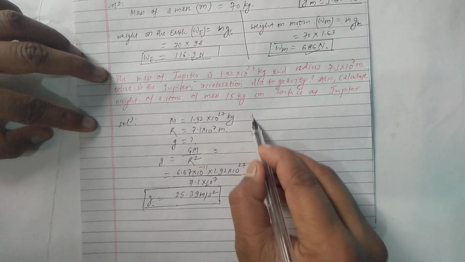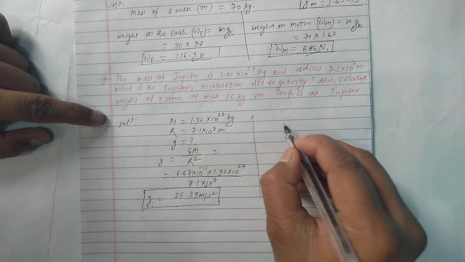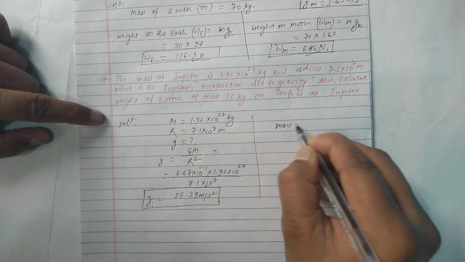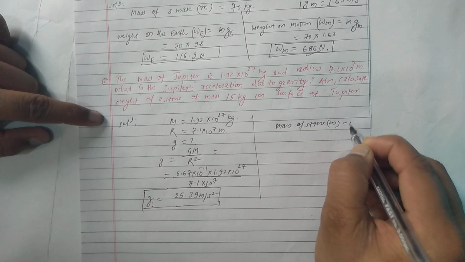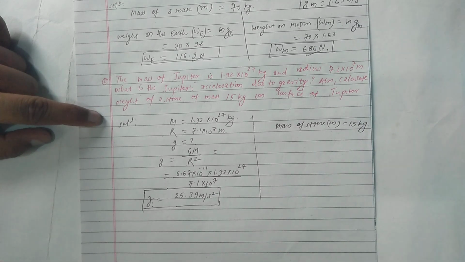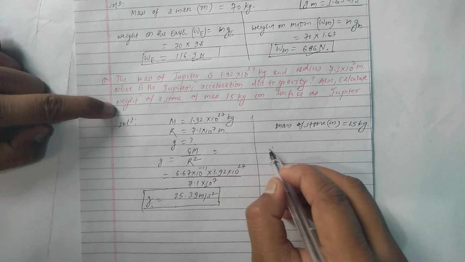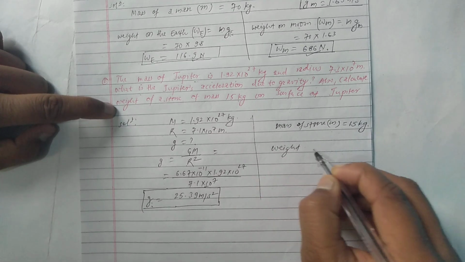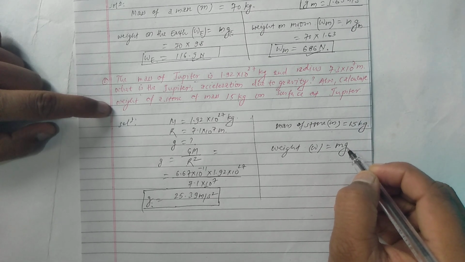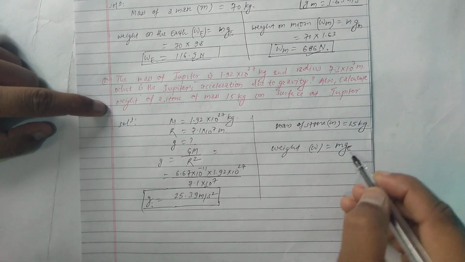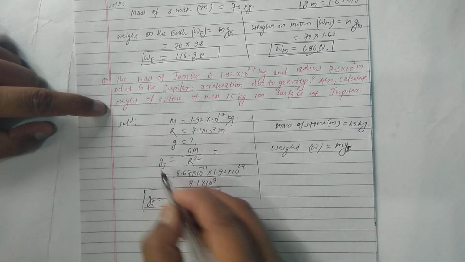Okay, and we have also to calculate the weight of a stone of mass 15 kg. So we have given the mass of the stone, m equal to 15 kg. As we know we have to calculate the weight, so weight W equals mg, but we have to take g for Jupiter. So I just write here g for Jupiter, j.